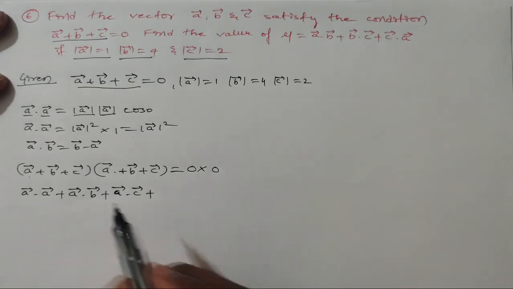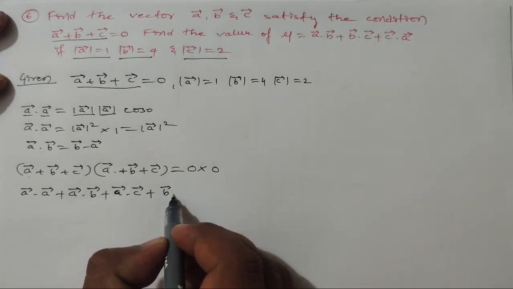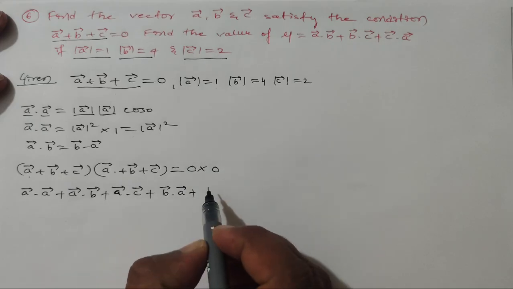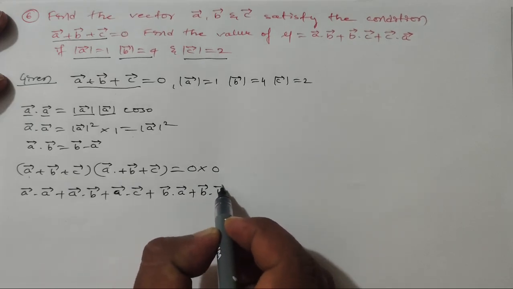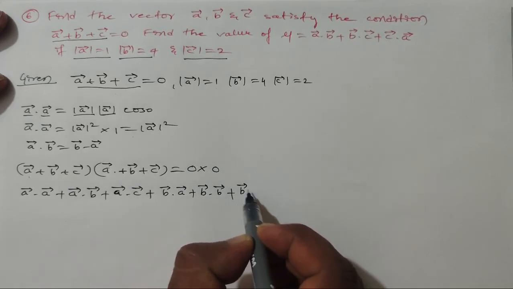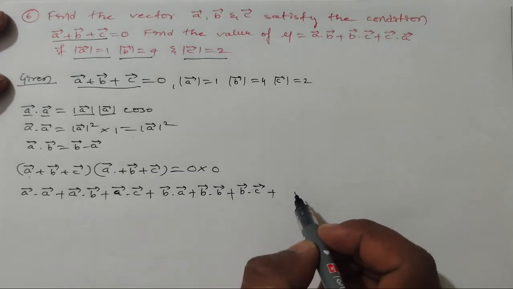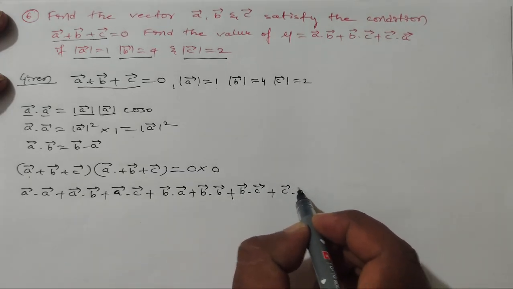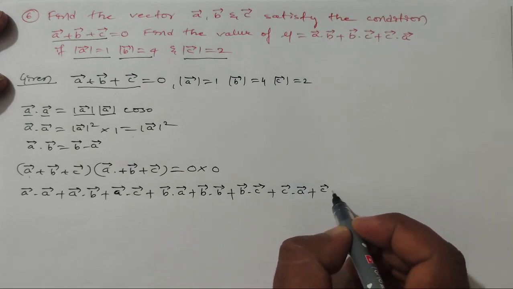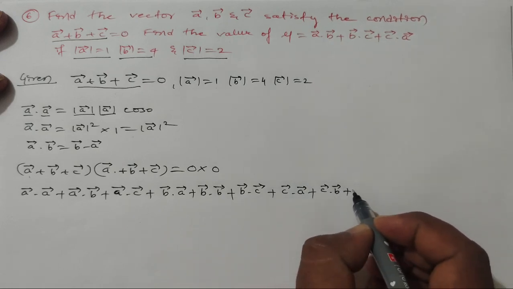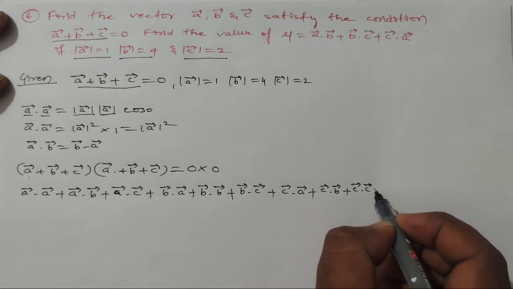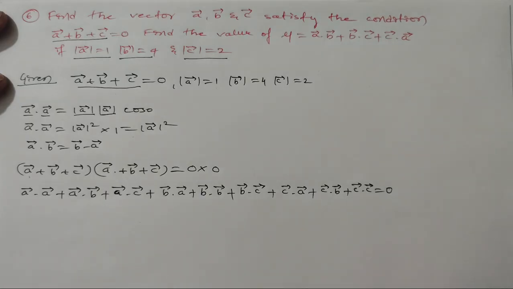Okay, let's come next. b vector dot a vector plus b vector dot b vector plus b vector dot c vector. Okay, next plus c vector dot a vector plus c vector dot b vector plus c vector dot c vector equal to 0 into 0 becomes what? 0.